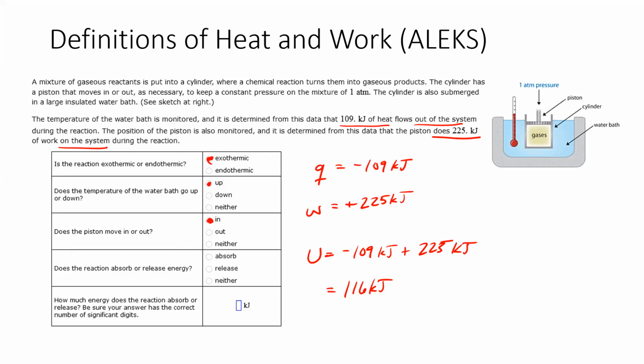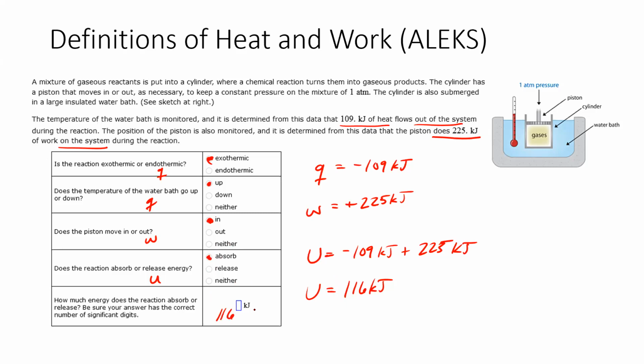And then overall, does the reaction absorb or release energy? So this is delta U, right? This is W, and these are both Q. Is our delta U positive or negative? Positive. So is that absorb or release? Absorb. Absorb for sure, right?